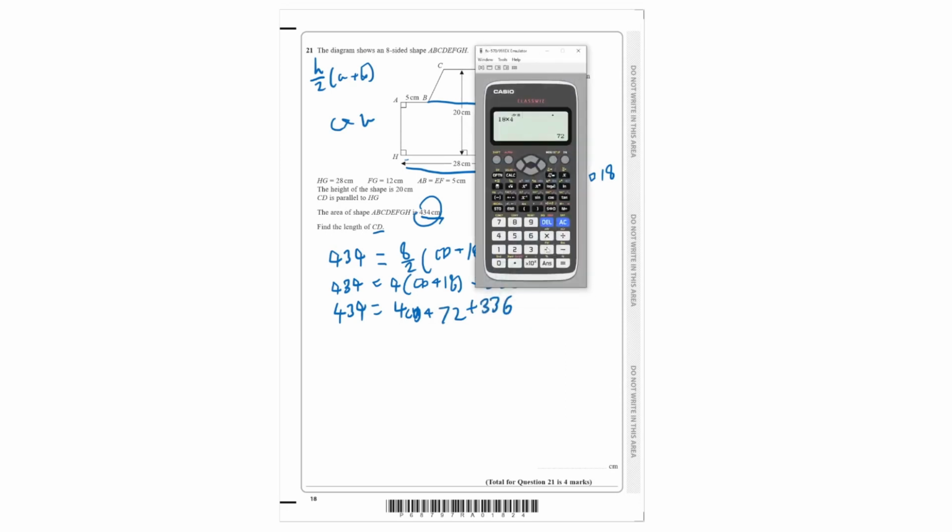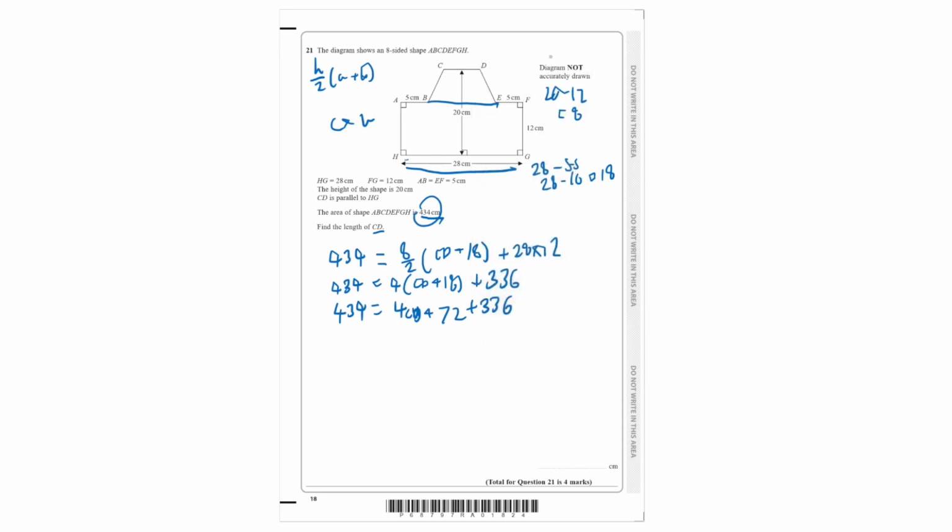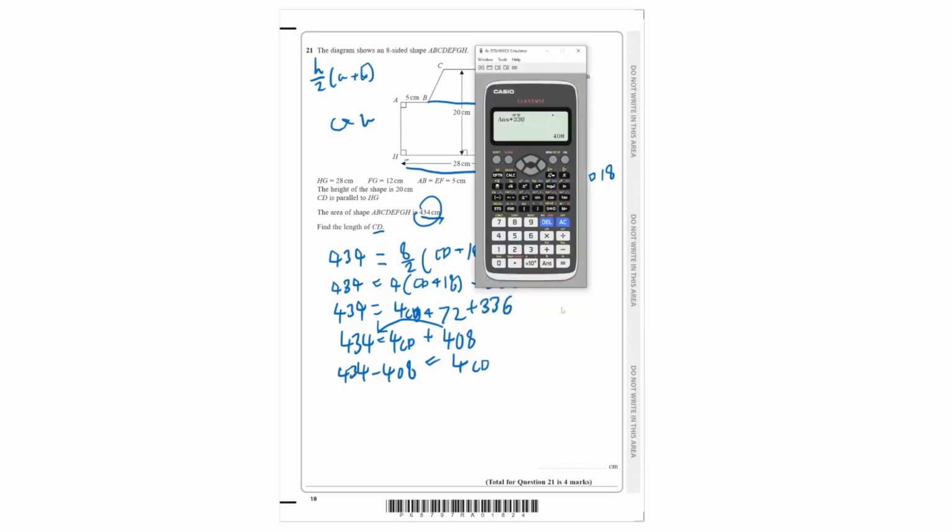So 72 plus 336 gives us 408. So that means 434 is equal to 4CD plus 408. We can bring 408 to the other side. So we have 434 minus 408 is equal to 4 times CD.